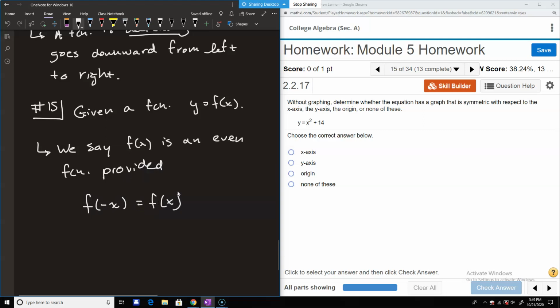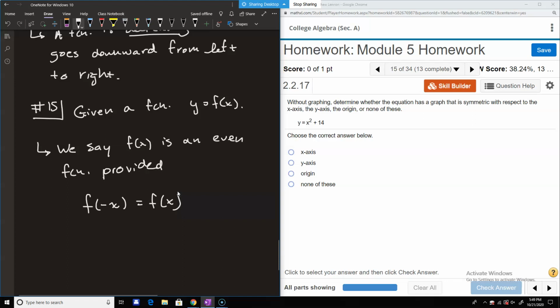So that means if you go the same distance to the left of the y-axis and to the right of the y-axis, you will have the same y value, right? Because when you plug something into f, you get a y value. So this is saying if I plug in, say, -3 and +3, I would get the same value coming out there. So you would have the same values associated to them, to the left and to the right.